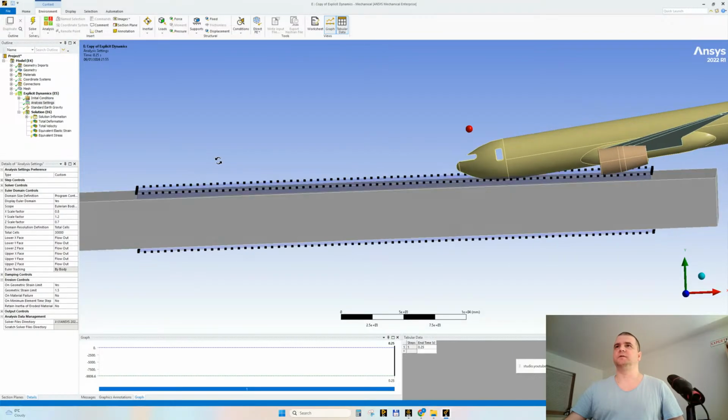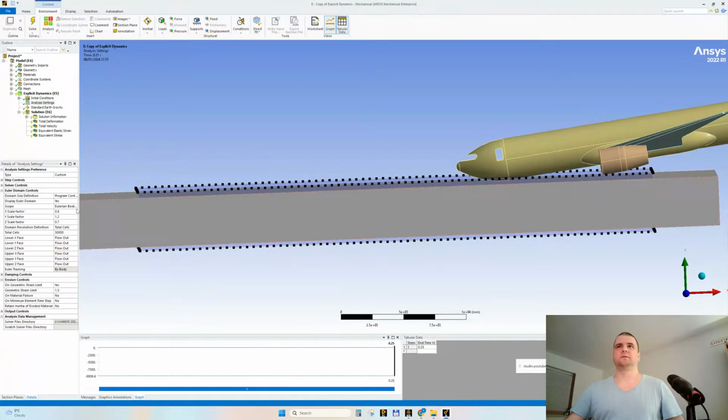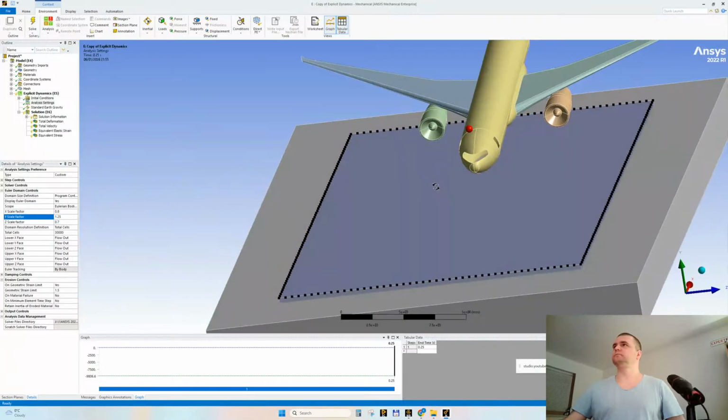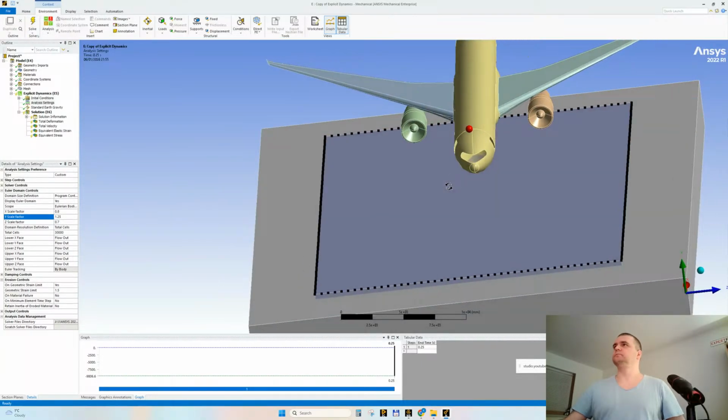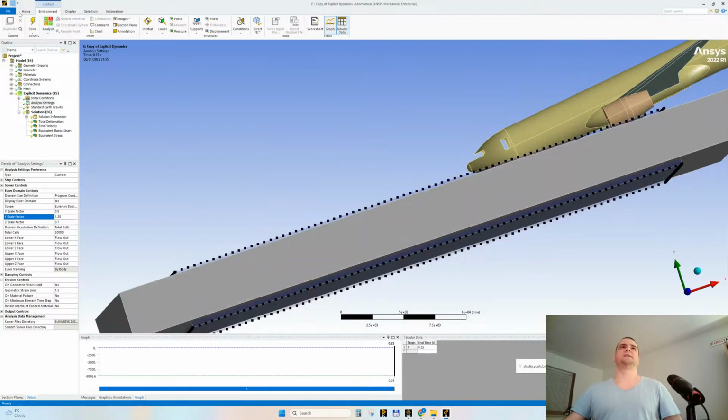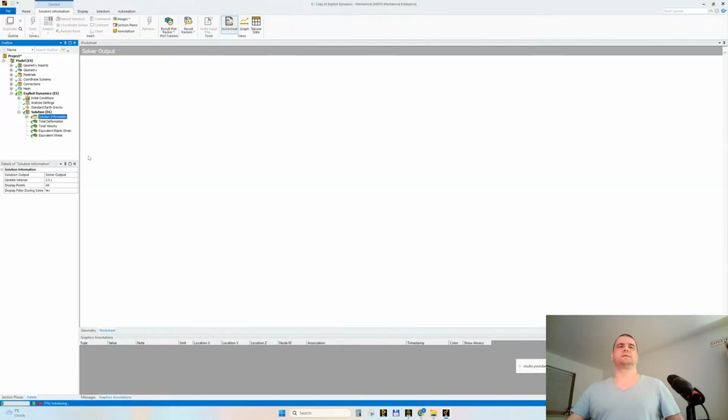Sincerely, I would like bigger waves. 25, why not? Save. Let's see how fast it will solve.